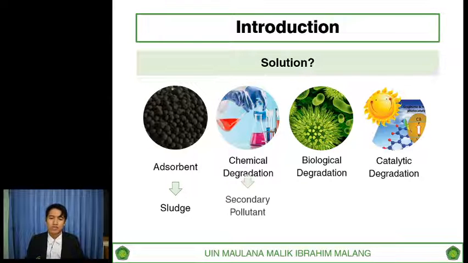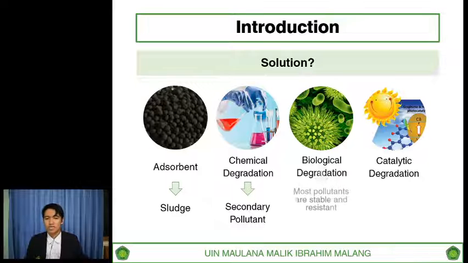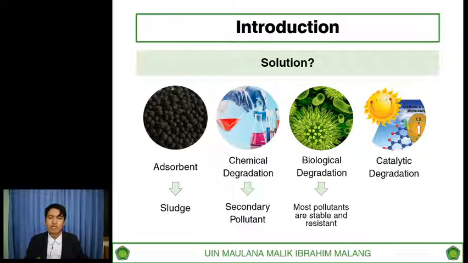The same result is also achieved by using chemical degradation, in which it also produces secondary pollutant. Meanwhile, biological degradation does not produce any other waste, but most pollutants are stable and resistant, and that's why biological degradation is not suitable to be used in handling this problem.